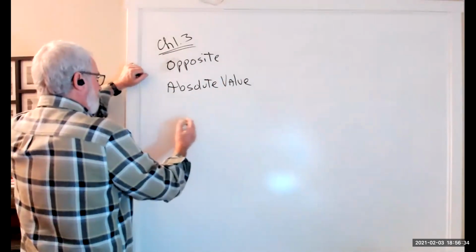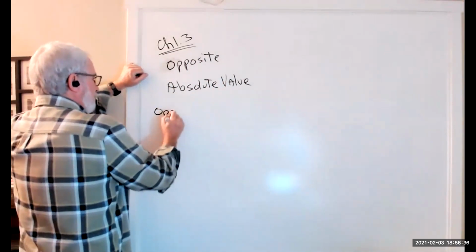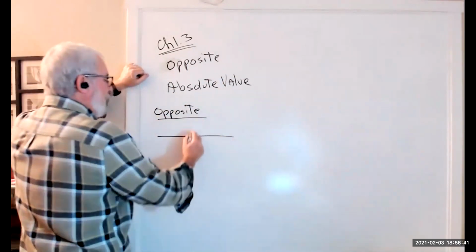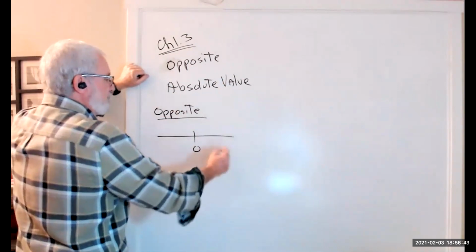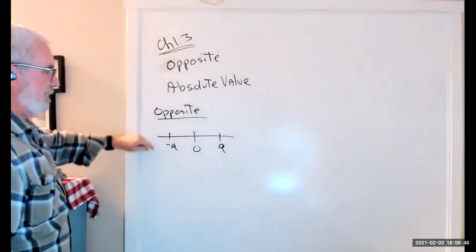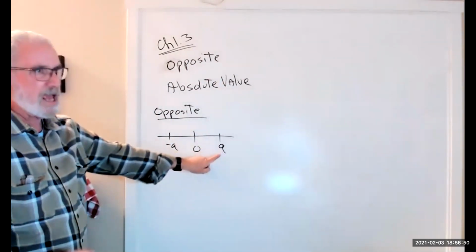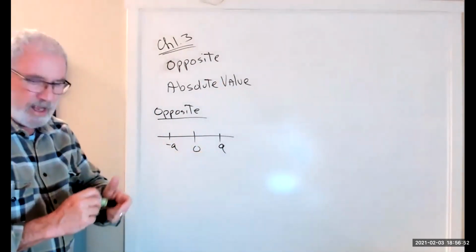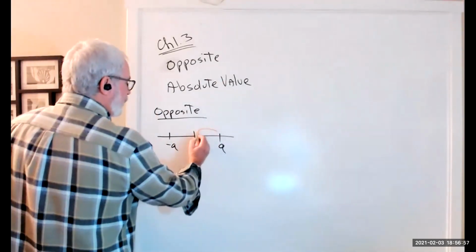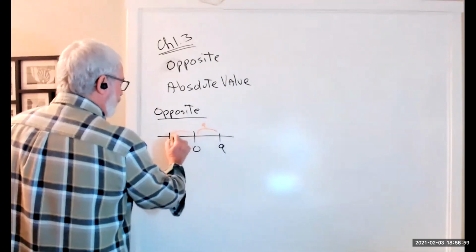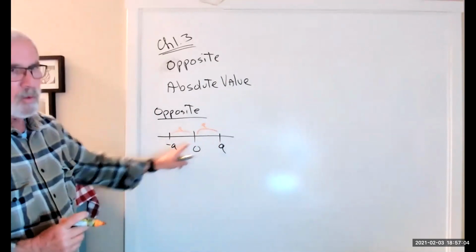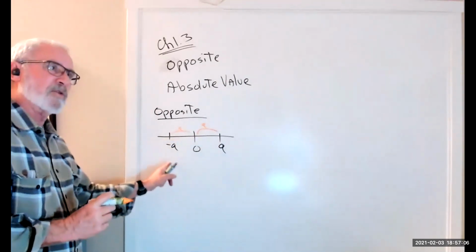Opposite literally means the opposite of each other on either side of 0 on a number line. So if you have a positive a on this side, its opposite would be called negative a, and the key is they're both the same distance from 0. One's just to the right, one's just to the left.